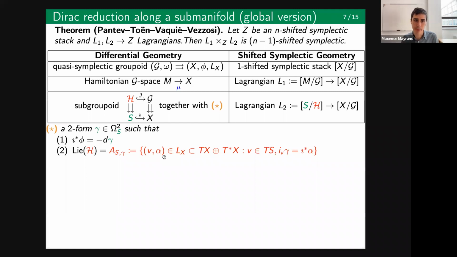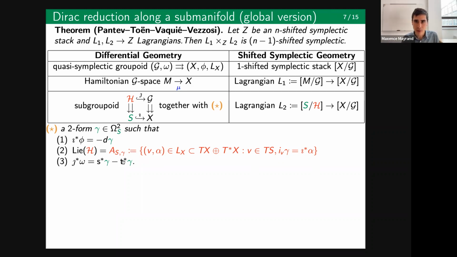In fact, if you assume it has constant rank, it is always a Lie algebroid, so you can integrate it to a groupoid. And the third condition is a more global condition, where you require compatibility between the two form of the quasi-symplectic groupoid and this two form gamma.